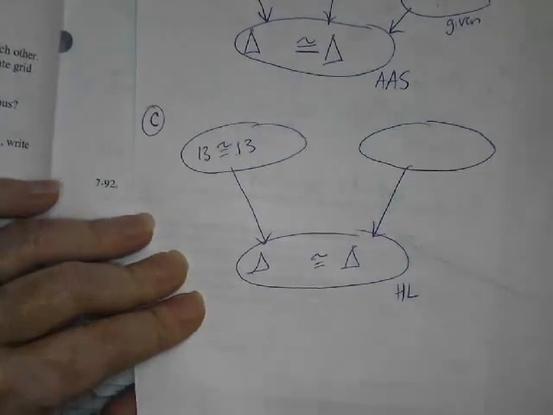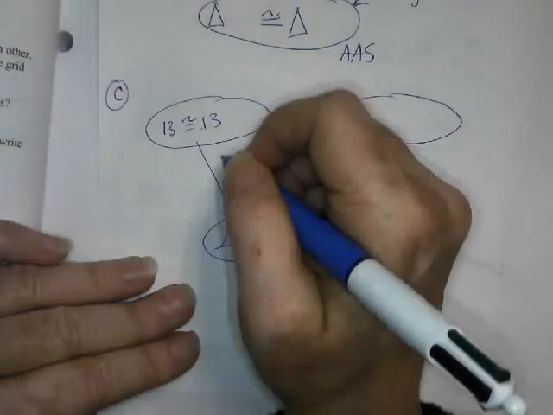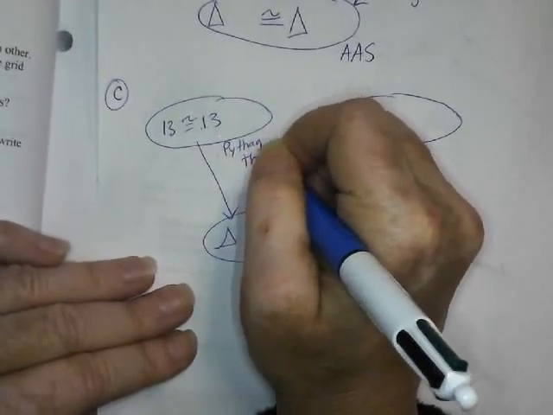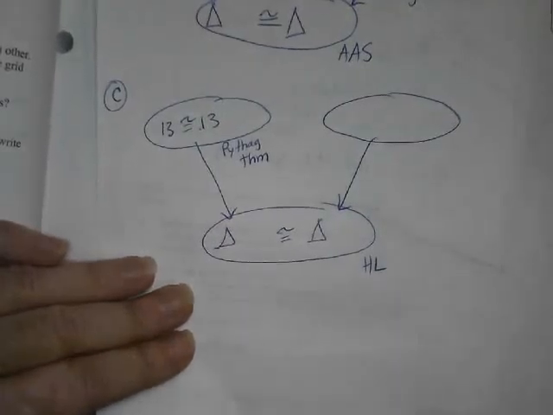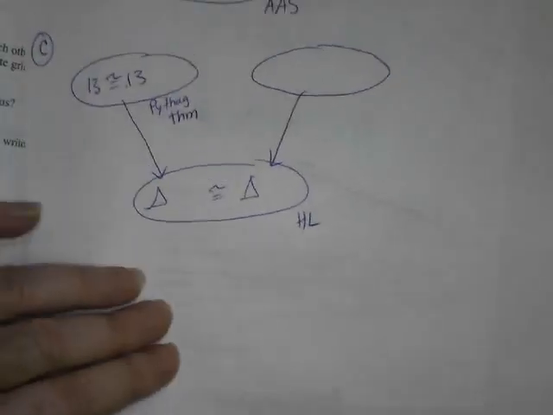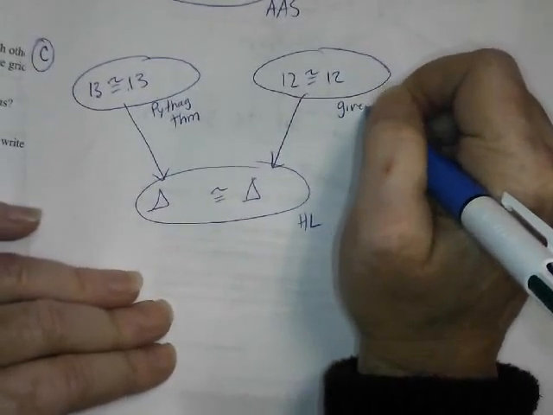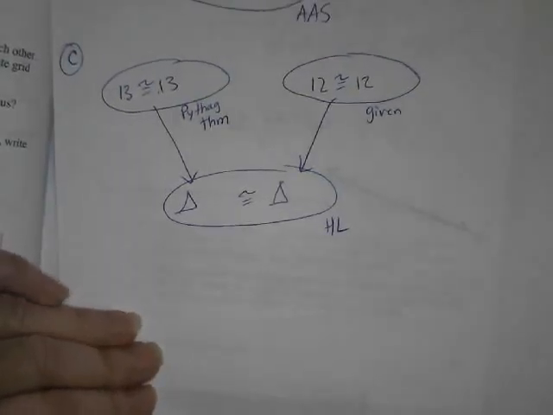And then we used the Pythagorean theorem. It wasn't exactly given. We had to do a little work, so we'll just write Pythag theorem. And for the leg, was the leg given? Yeah, if we use the 12, the leg was given. 12 and 12, and we'll say given. So that was pretty fast. That was letter C.